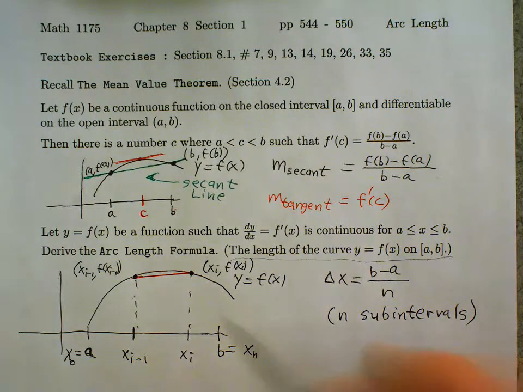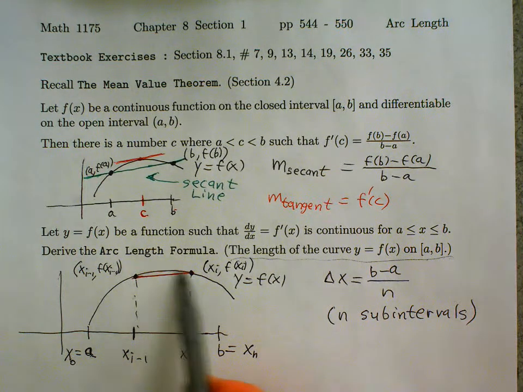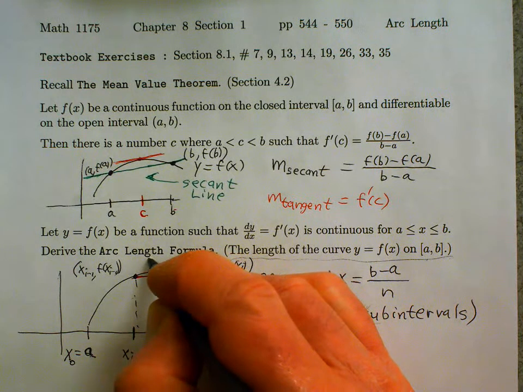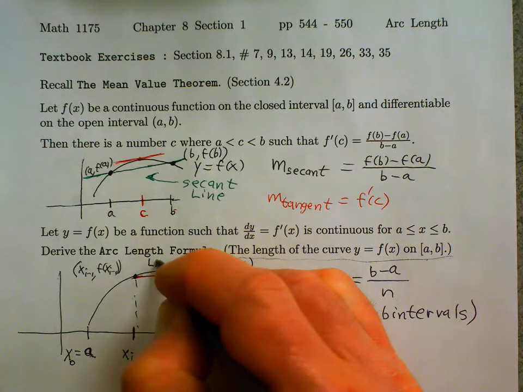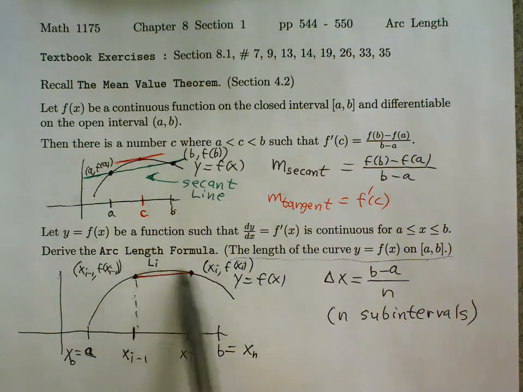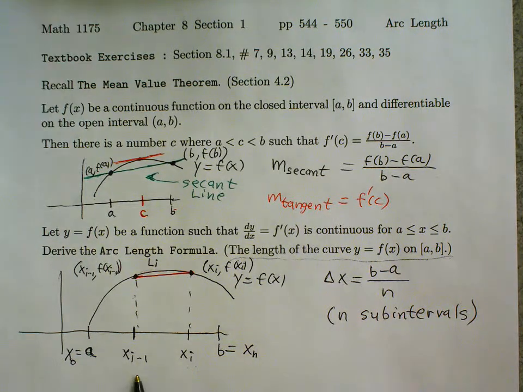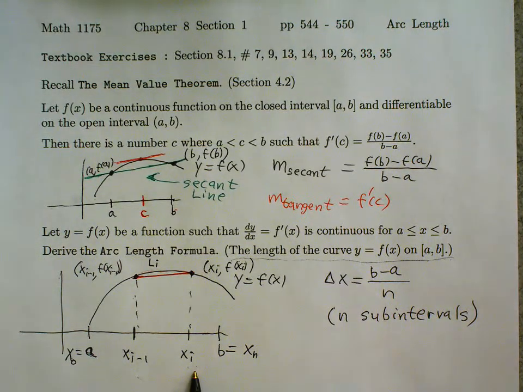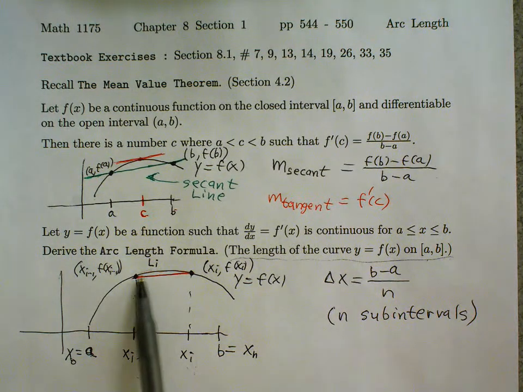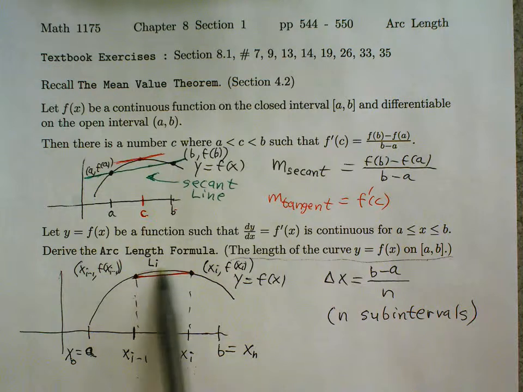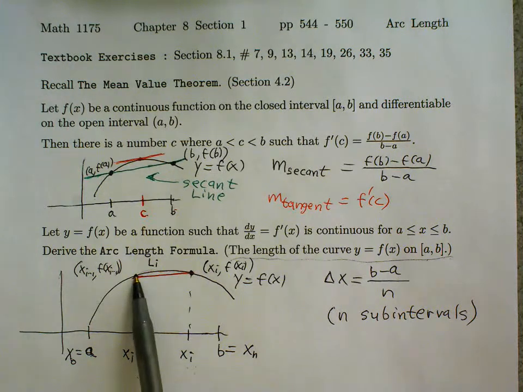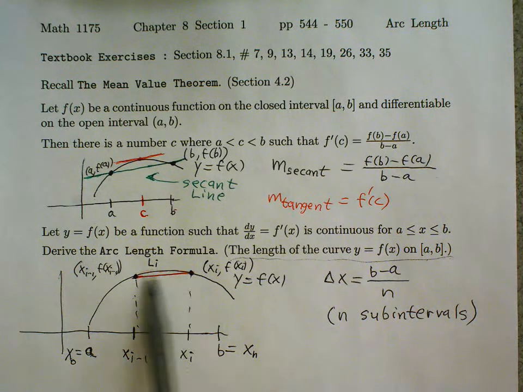So I'll refer to the arc length on this interval as L sub I, for the arc length on that subinterval from x sub I minus 1 to x sub I. And we can approximate that arc length just by computing the distance between those 2 points using the distance formula.